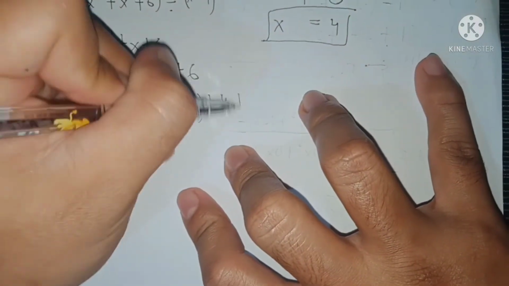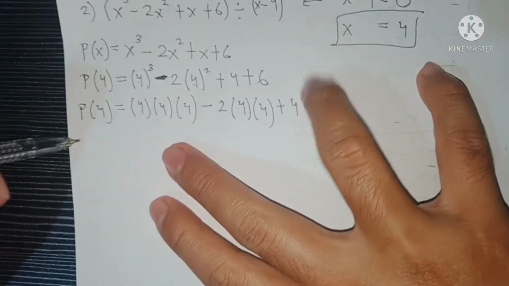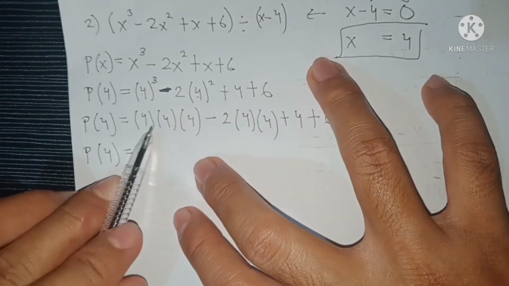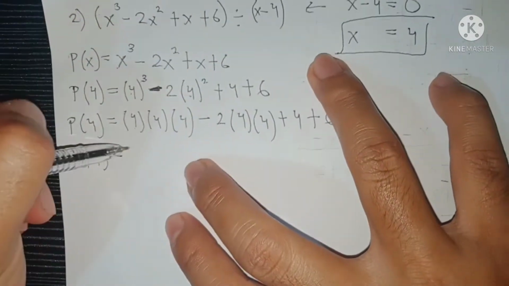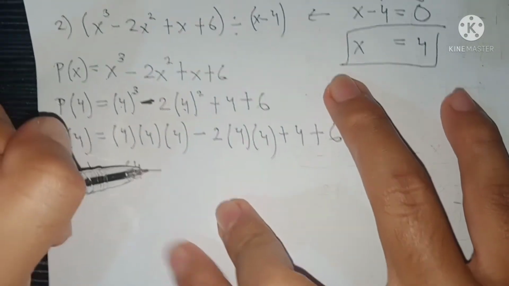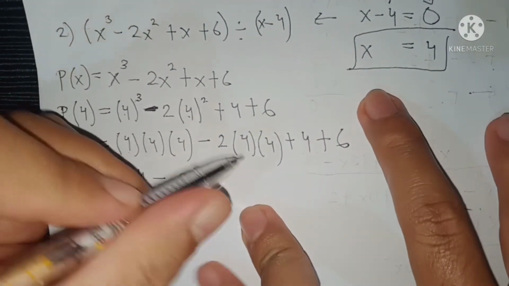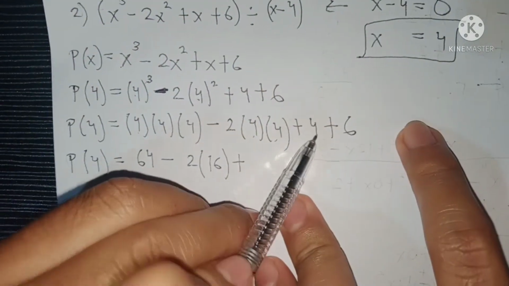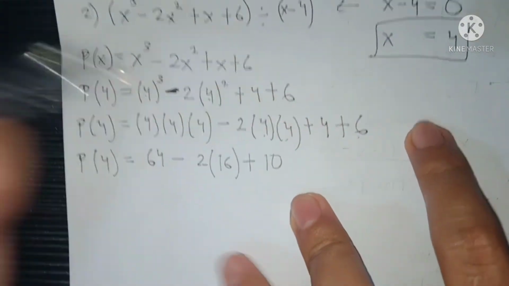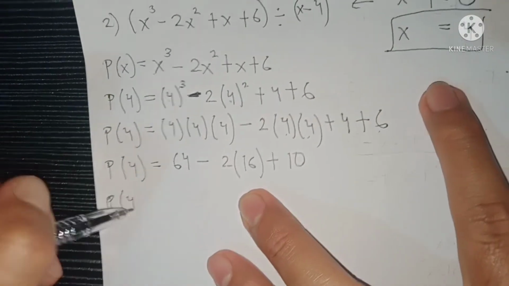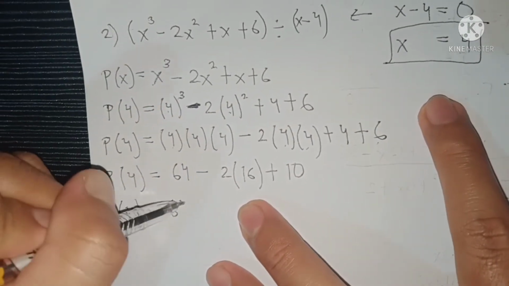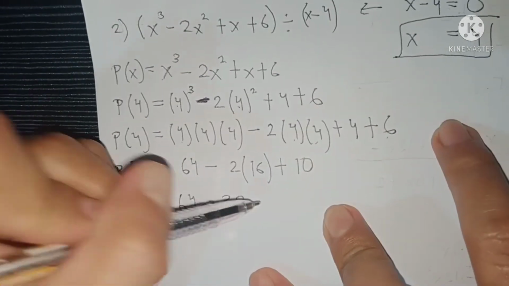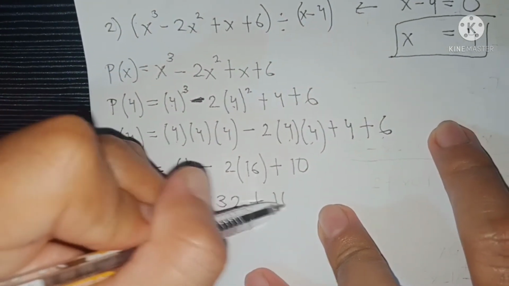And then plus 4 plus 6. So you have p of positive 4 equals 4 times 4 is 16, and then times 4 is 64. Minus 2 times 4 times 4 is 16, and then you have 4 plus 6 is equal to 10. So p of positive 4 is equal to 64 minus 2 times 16 is 32, and then plus 10.